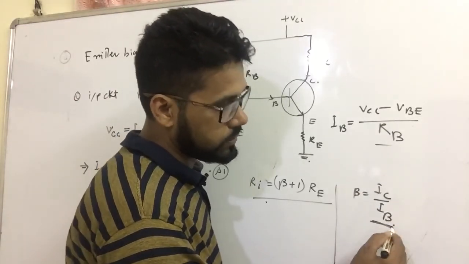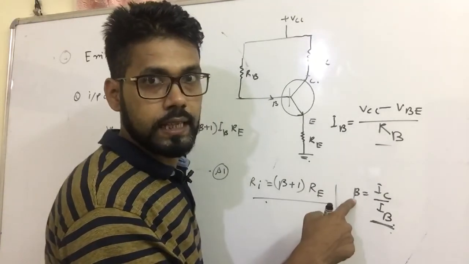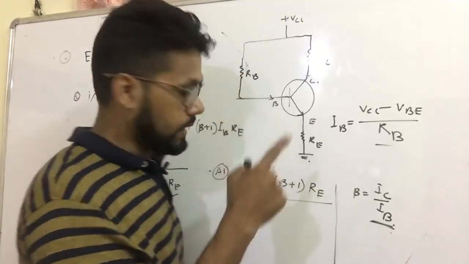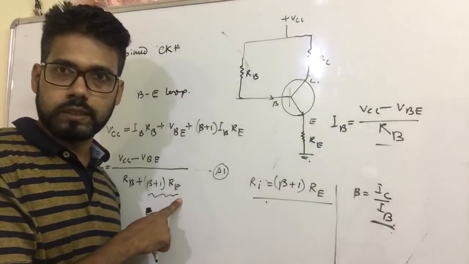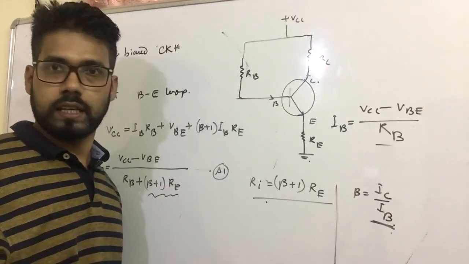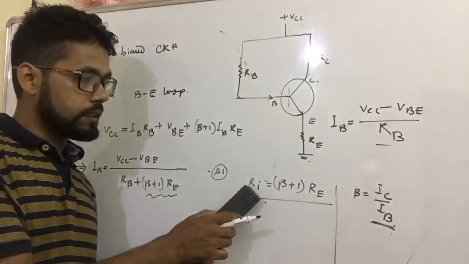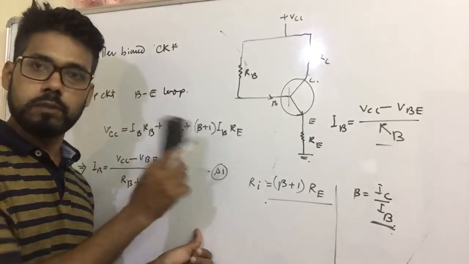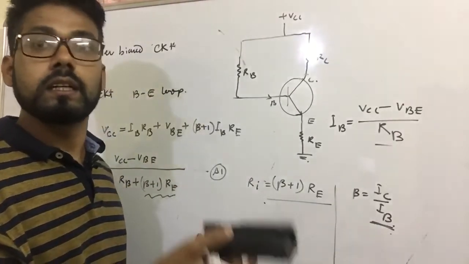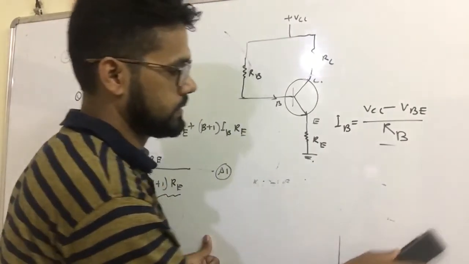If we reduce the base current, then the beta gain parameter of the circuit we can increase. That is number one. Number two, if we increase the input resistance of the circuit, then we can increase the stability of the circuit. Clear? So the external resistance is added and reflected in the input circuit, and that is why the emitter bias configuration is more stable than the fixed bias configuration. Both are used for amplification.